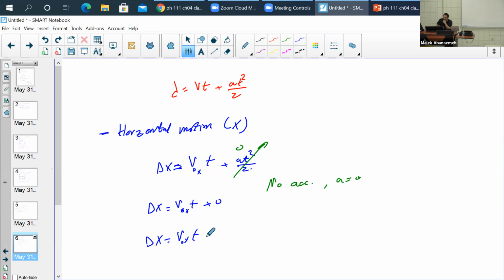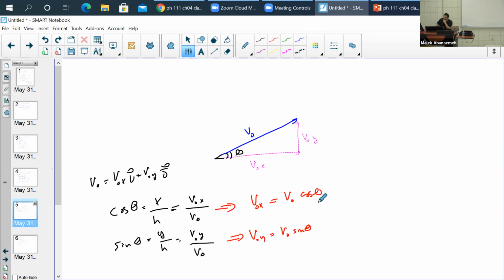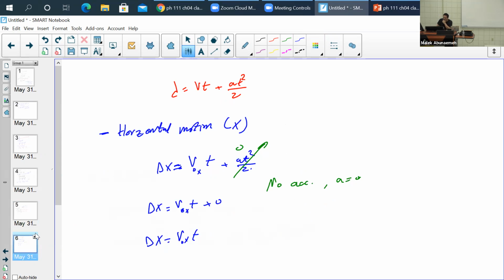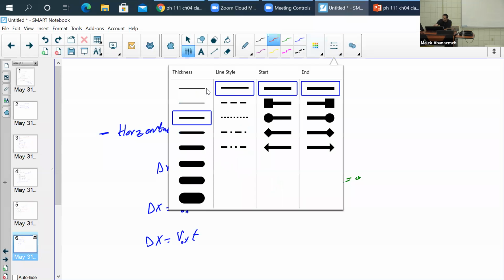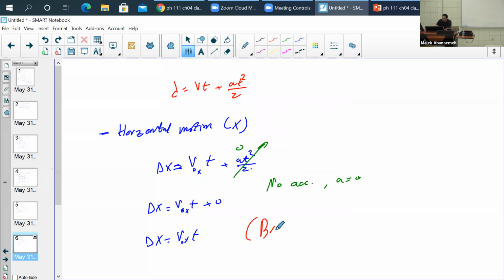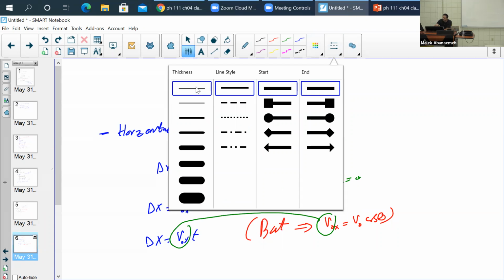But we define v naught x as v naught cosine theta. Let me write this down. We defined v naught x as v naught cosine theta, so we can substitute it over here.